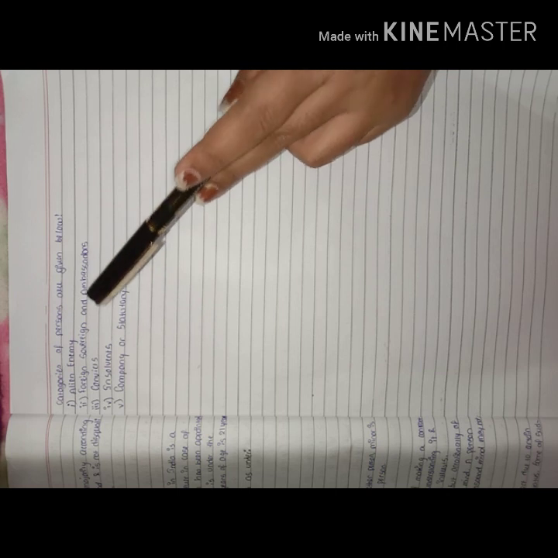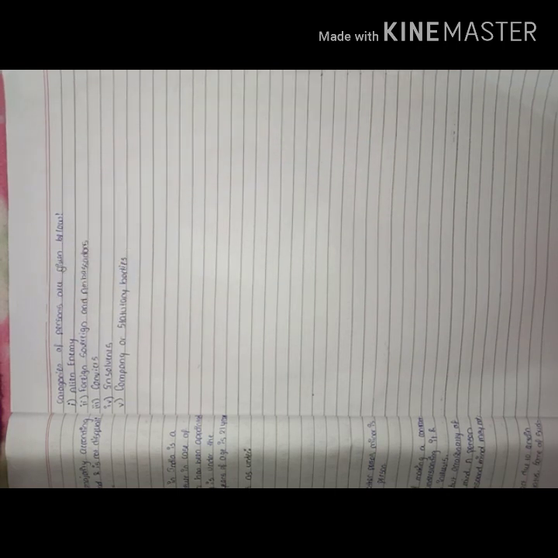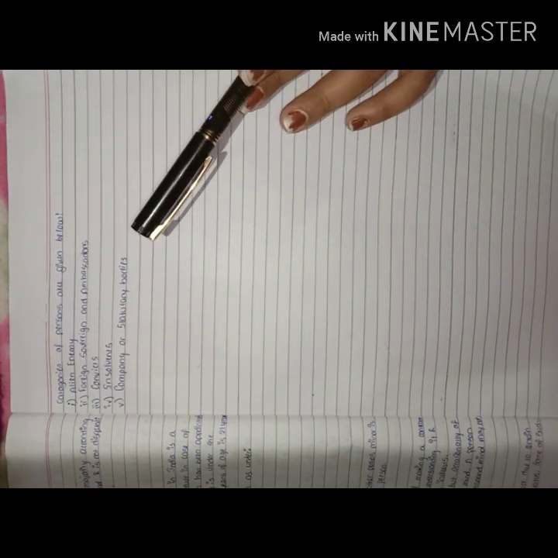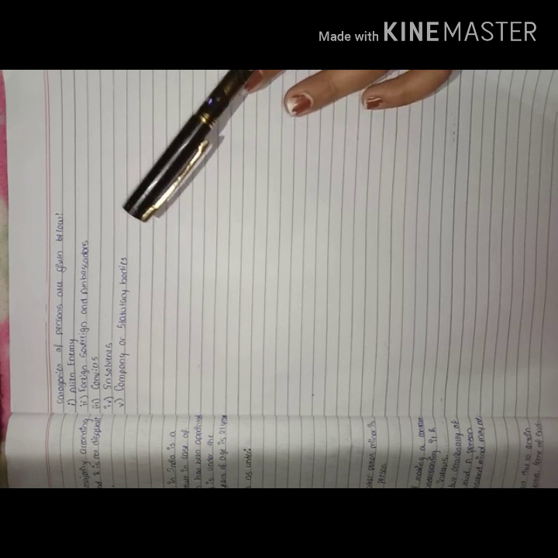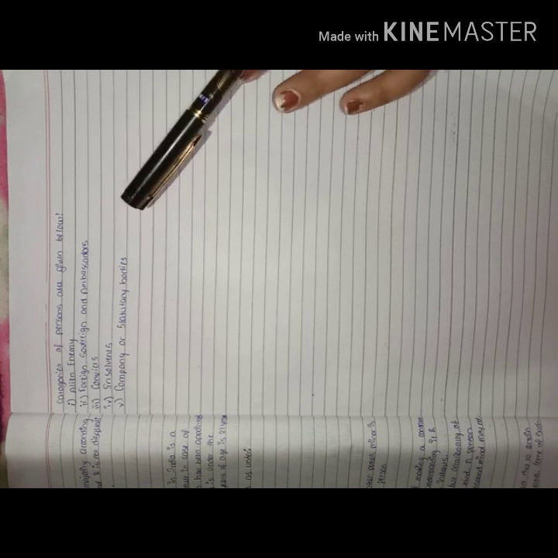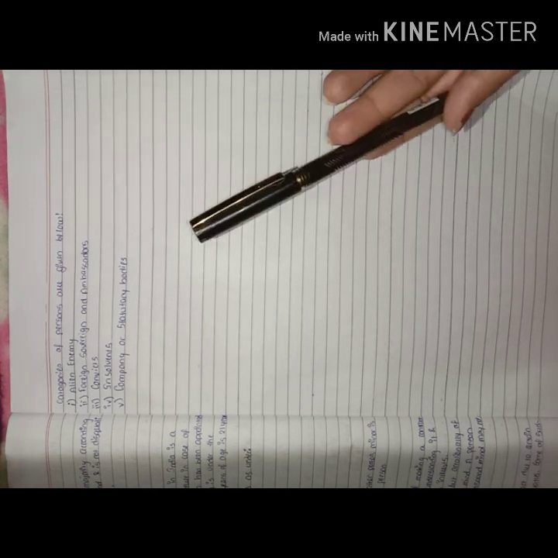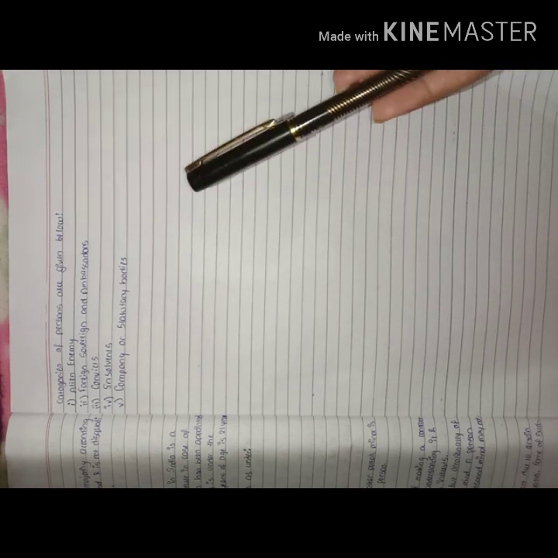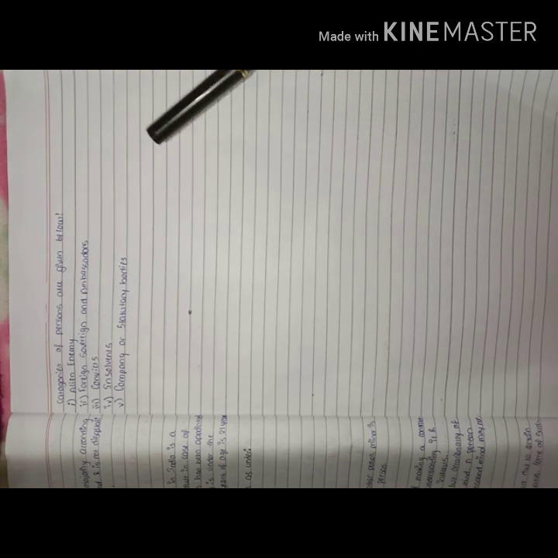First one is alien enemy. An agreement with an alien enemy is void, but an agreement with an alien friend is perfectly valid and enforceable. Next, foreign sovereigns and ambassadors.